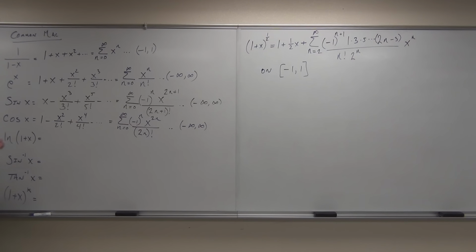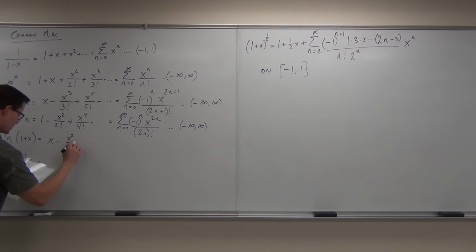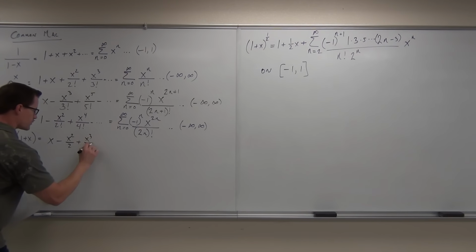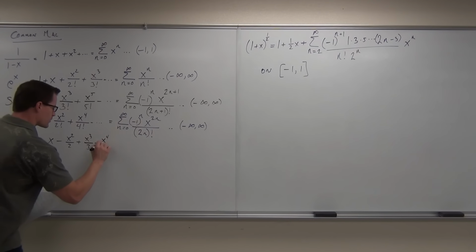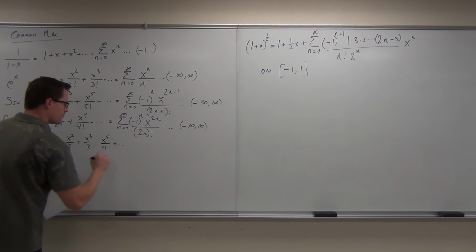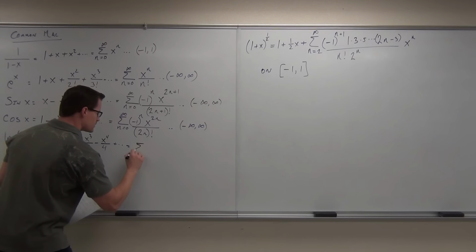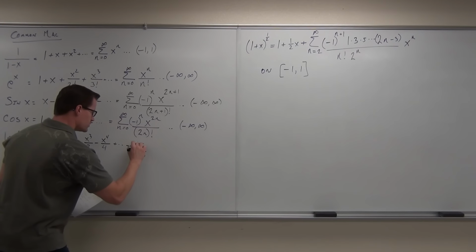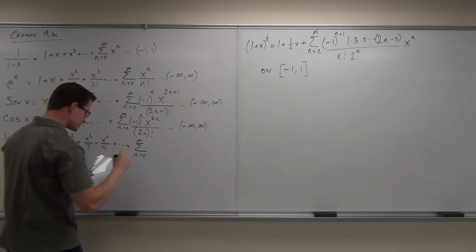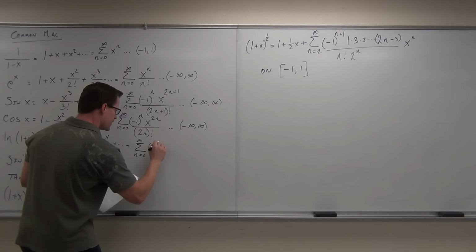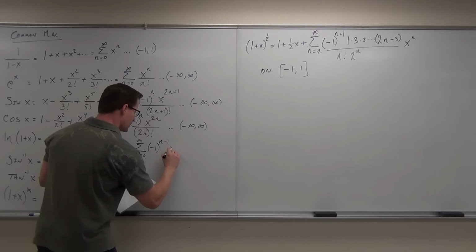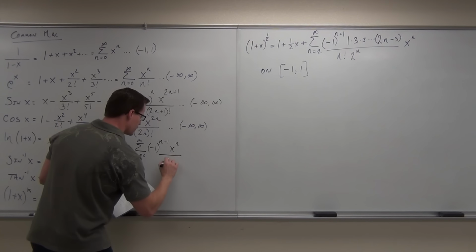Okay, ln of 1 plus x. We have x minus x squared over 2 plus x to the third over 3 minus x to the fourth over 4. I don't remember if we did this one or not. This is the series from n equals 0 to infinity, negative 1 to the n minus 1, x to the n all over n.